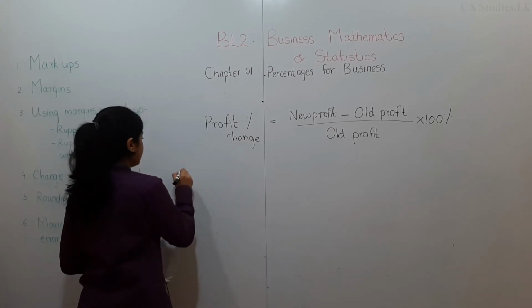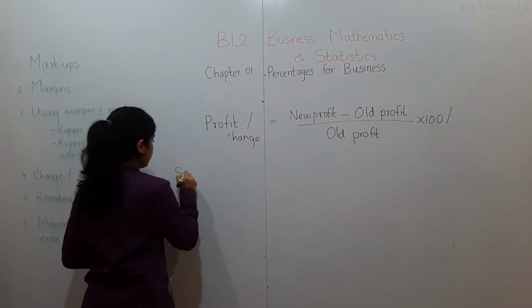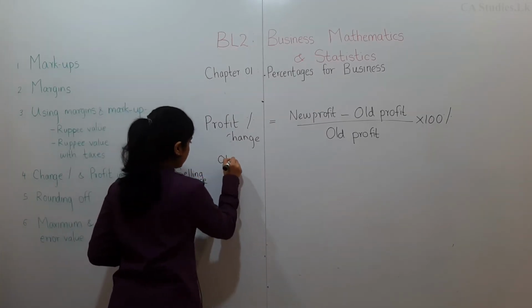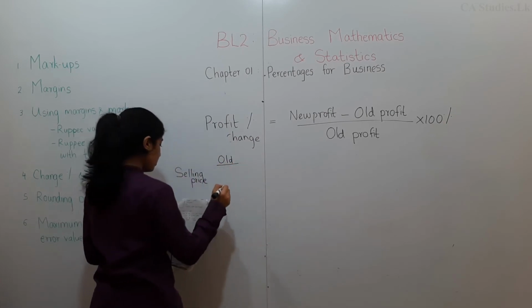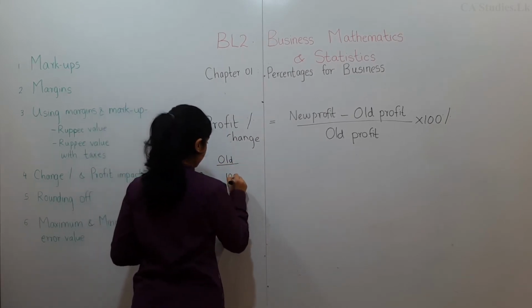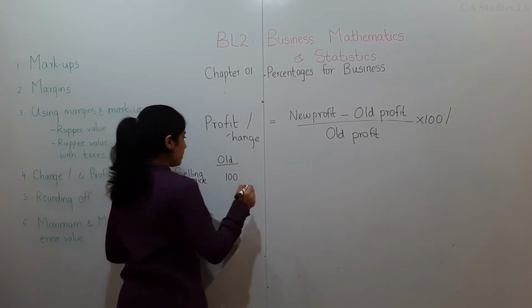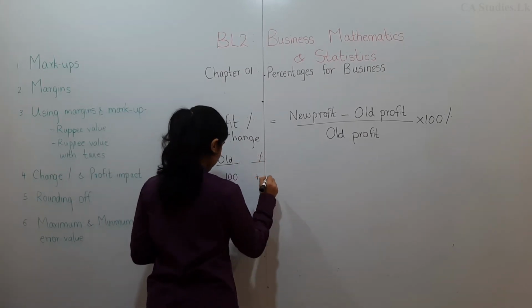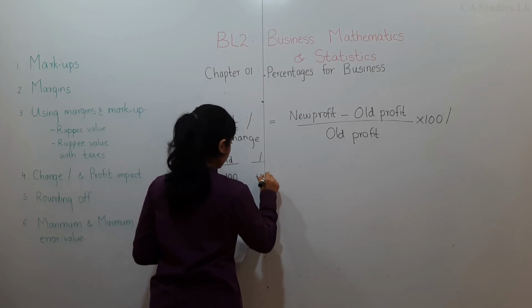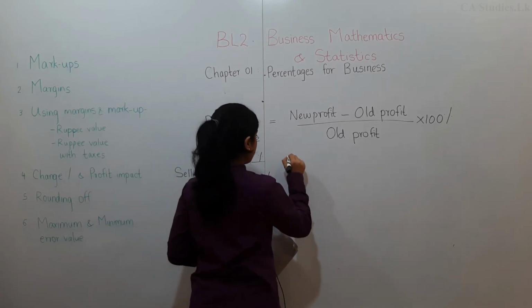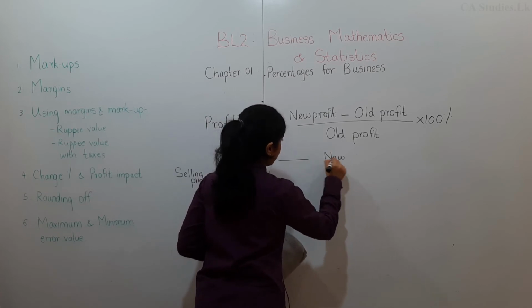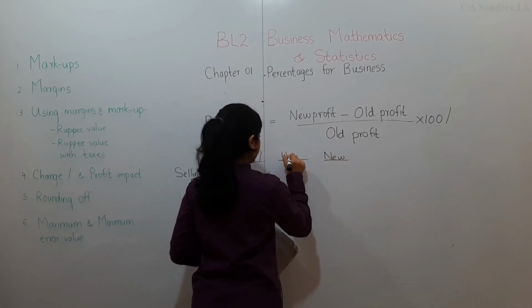So the selling price, old, how much? 100. Percentage, plus 2%. Therefore, this is the calculation, and what's the new value.